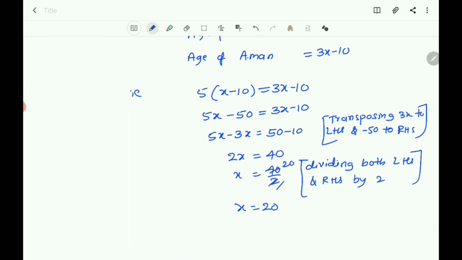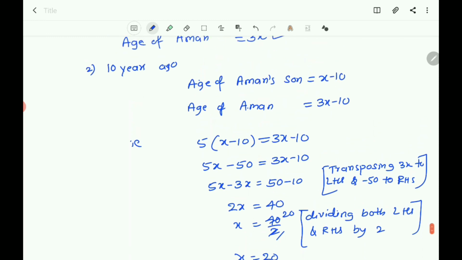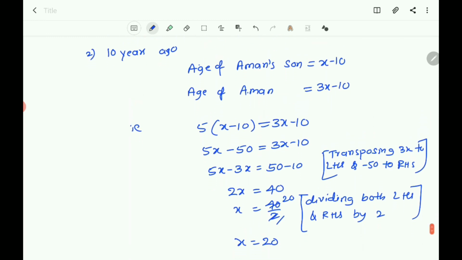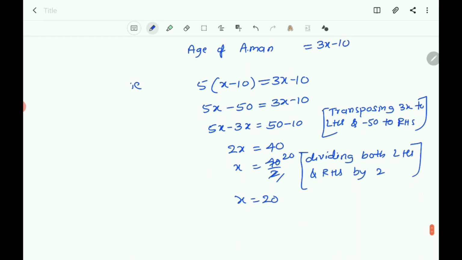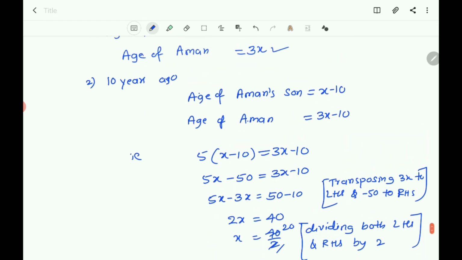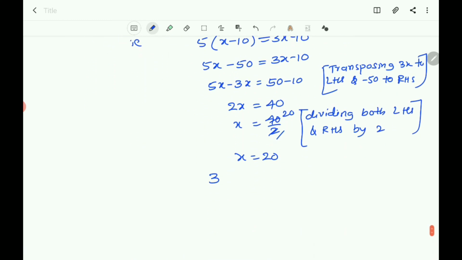And the age of Aman is 3x minus 10, or you take 3x only. The present age means you find 3x, that is 3 into 20, that is 60 here.